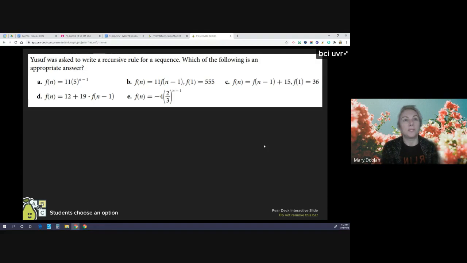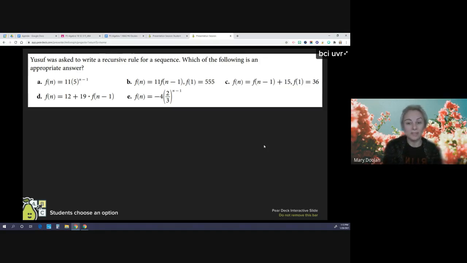And you have choices A, B, C, D, and E. There's actually two answers that would work because they have what makes a recursive rule a recursive rule. There's something special about it. Two of these are recursive, three of them are explicit.